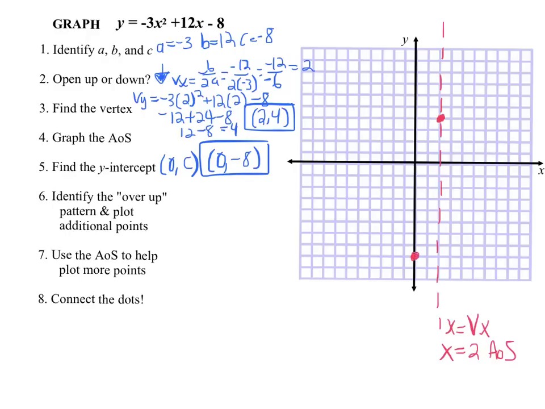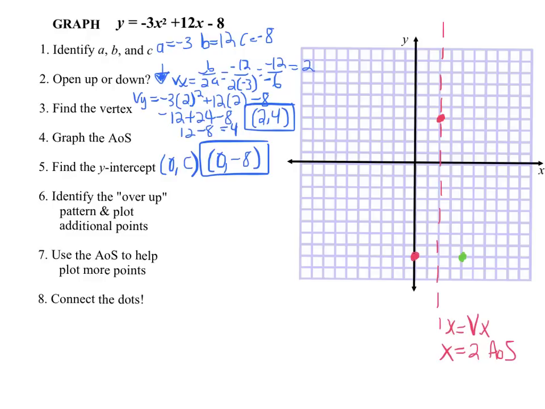And here is my y-intercept. The reason why the axis of symmetry is so helpful is because I automatically know, because I have this y-intercept right here, that I also have a point located right here, just opposite the y-intercept across the axis of symmetry. I can also use my over-up pattern to plot additional points.